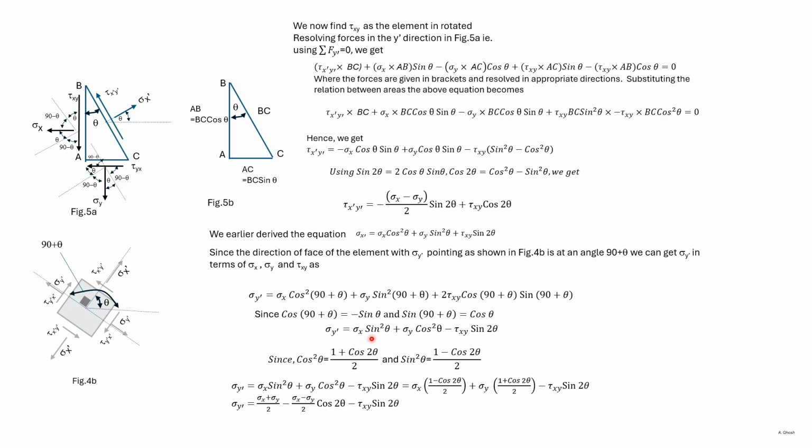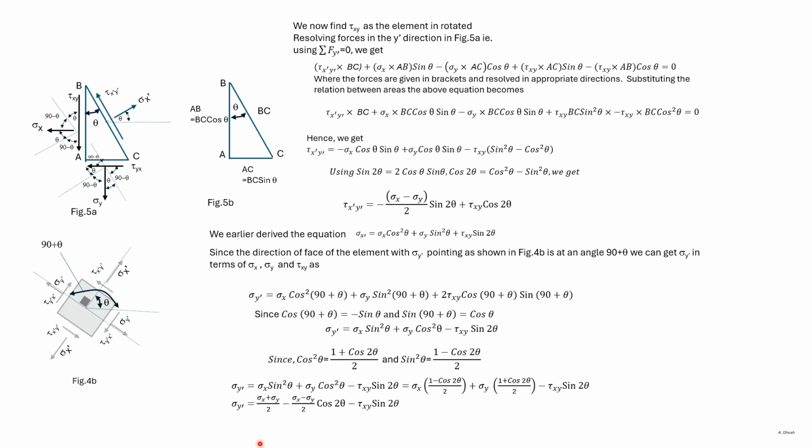Placing sin squared theta and cos squared theta in terms of cos 2 theta, we get this expression. So sigma y dash is equal to sigma x plus sigma y divided by 2 minus bracket sigma x minus sigma y divided by 2 cos 2 theta minus tau xy sin 2 theta.